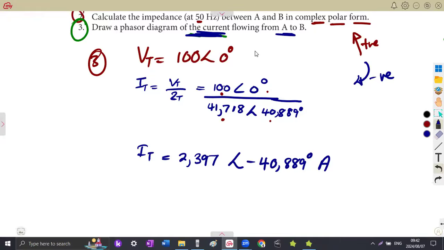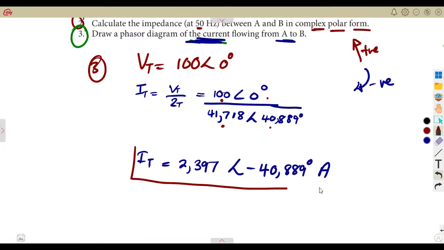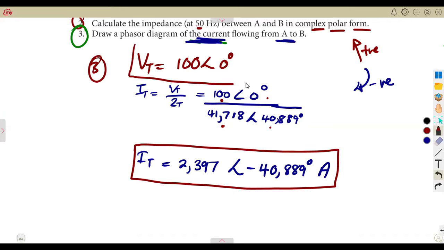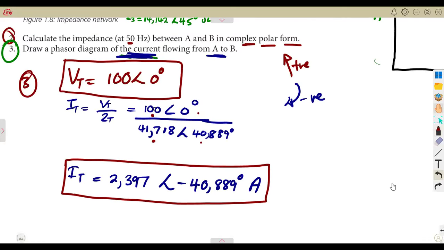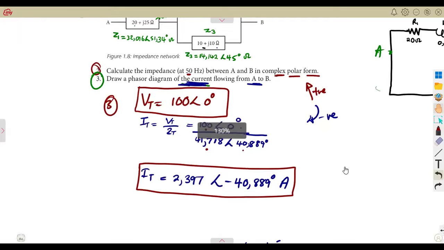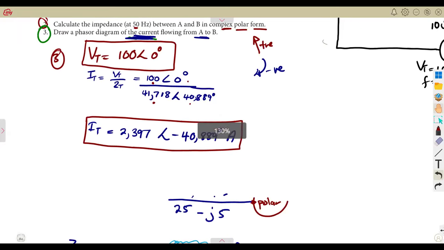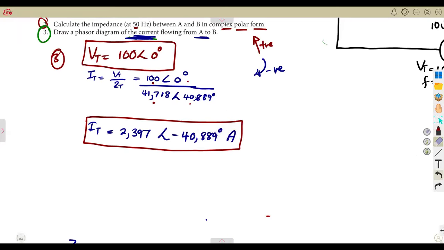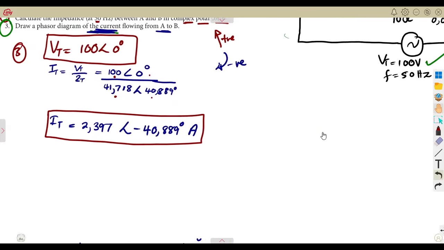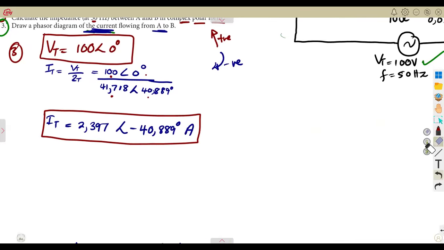We have it. So we are just going to relate it with the voltage, because that is the only current we are going to relate. We're not going to take a lot of things there for this phasor diagram. Remember, I talked about the phasor diagram, that you need to consider your angles, just like how you are presenting your complex numbers on an Argand diagram. Remember this one.